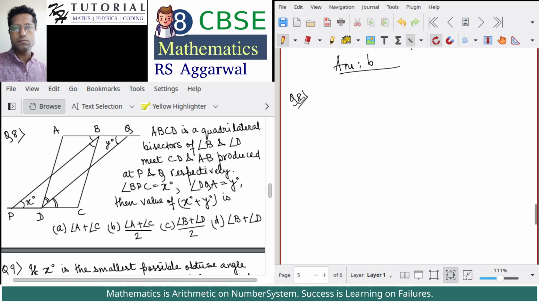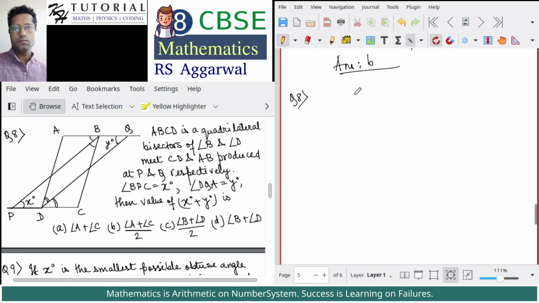ABCD is a quadrilateral. Bisectors of angle B and angle D meet CD. Okay, so let me first draw the parallelogram. ABCD is a quadrilateral. Oh, it is not a parallelogram, it is just a quadrilateral. Bisectors of angle B and angle D meet CD and AB produced at P and Q respectively.